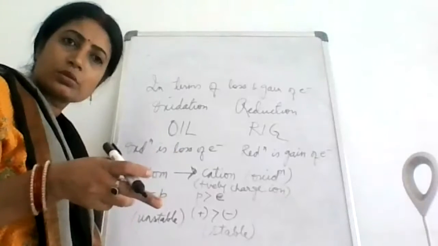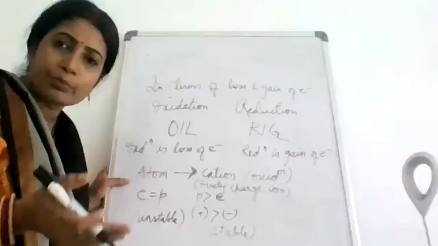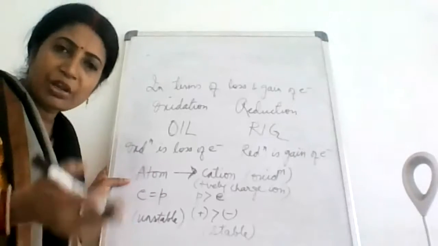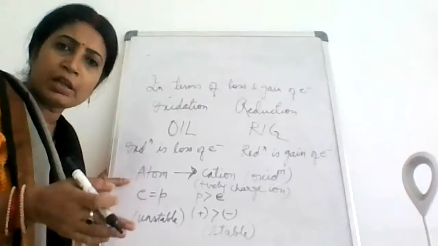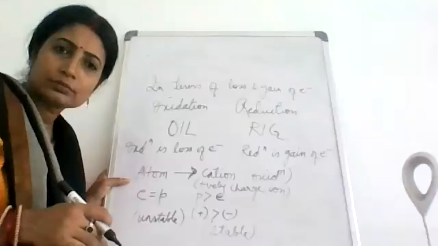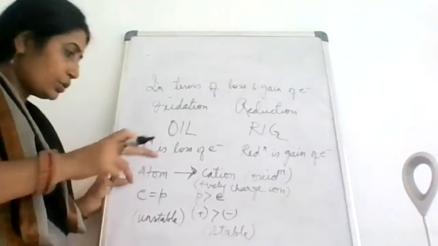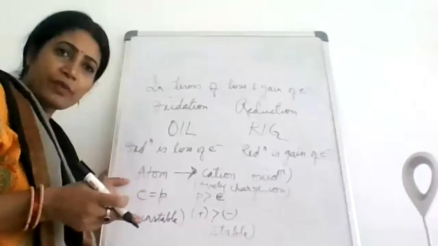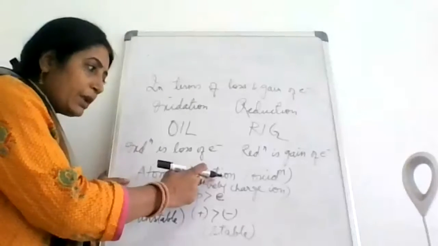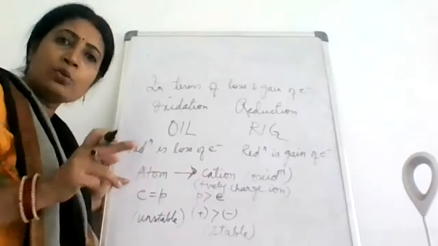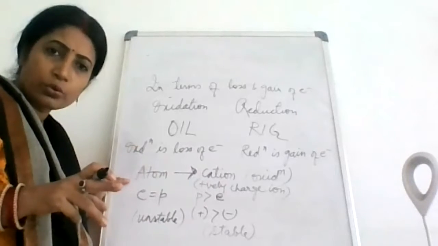So it will lose. हम किसी को कोई चीज देते कब है? जब हमारे पास सफिशिएंट होगा तब वो लूज करेगा, कटायन बनाएगा. क्या लूज करता है? Electron.